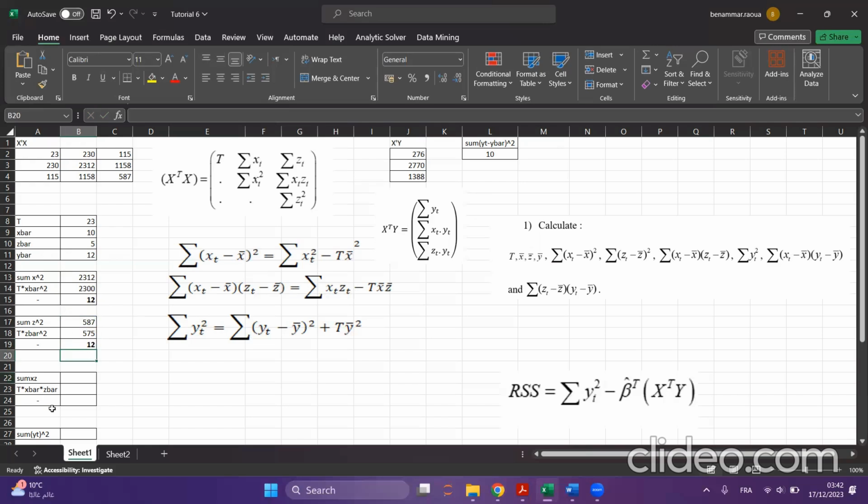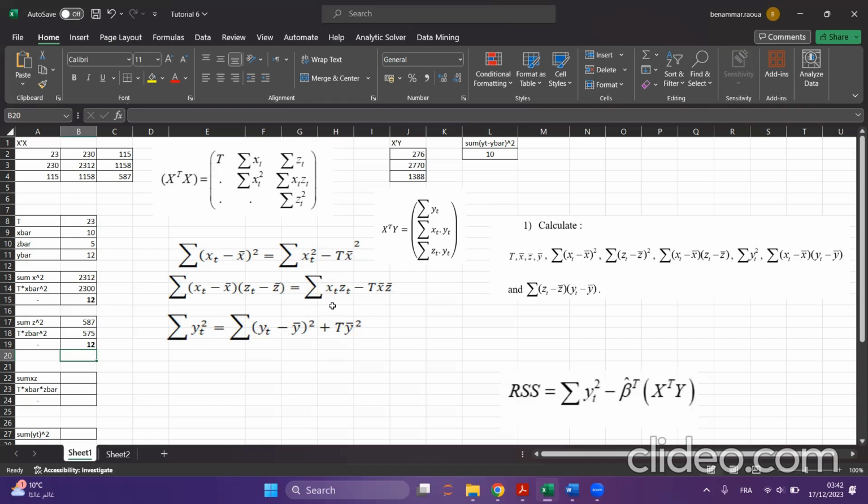So it's also 12. Now we're asked to do this term, which is the sum of xt minus x bar times zt minus z bar, which is equal to the sum of xt zt minus T x bar z bar.